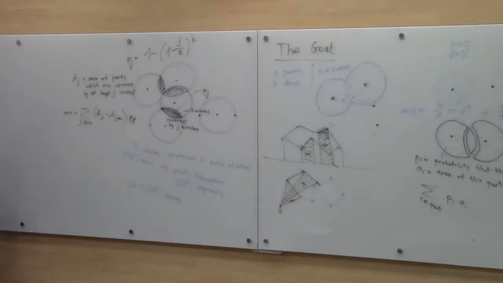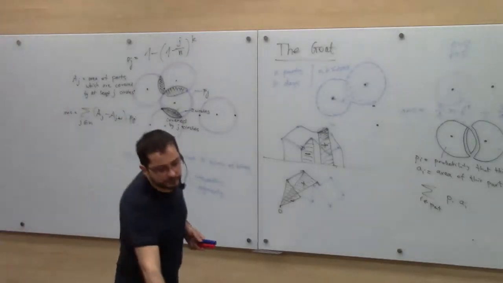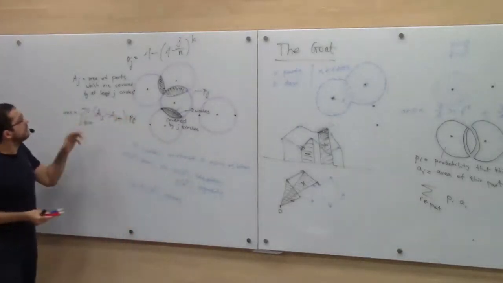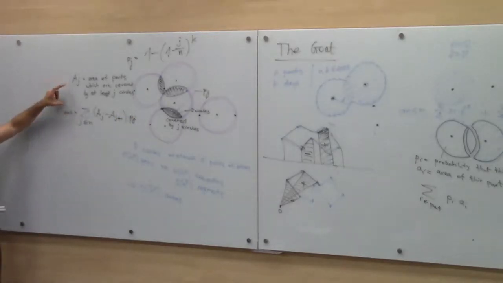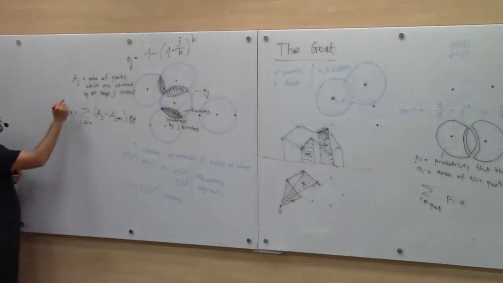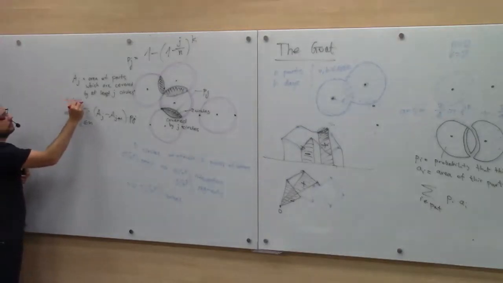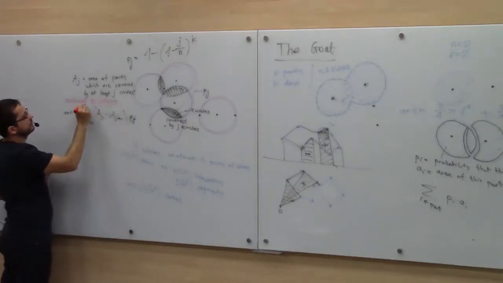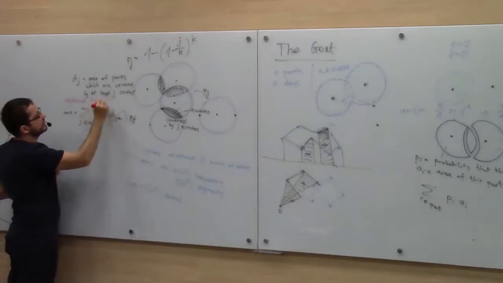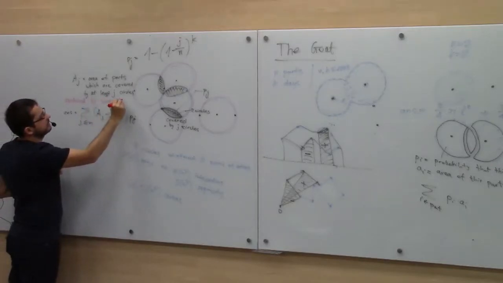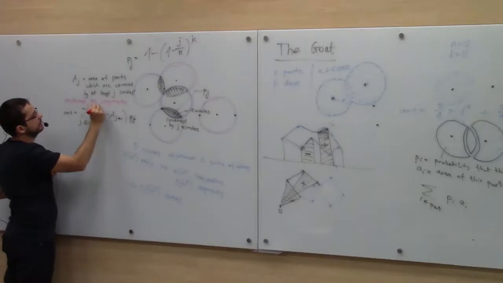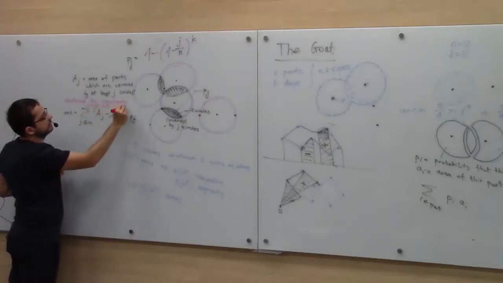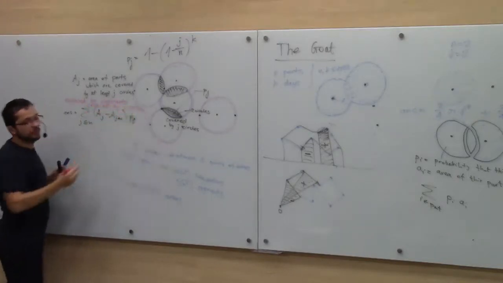Okay, so now we can show that the area of parts, so actually the polygon of parts which are covered by at least J circles, is enclosed by edges, or by the segments covered by J circles.